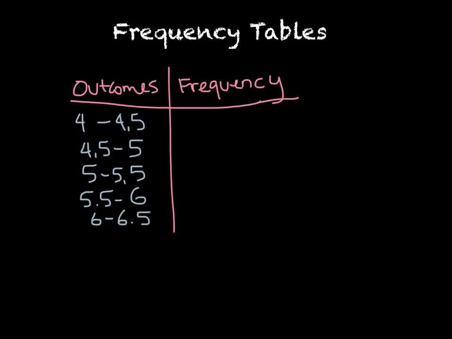So let's say that our frequency of people in the 4 to 4.5 range is 1, 4.5 to 5 is 2, in 5 to 5.5 we have 15, 5.5 to 6, 5, and 6 to 6.5 we have 0. So this is our frequency table.